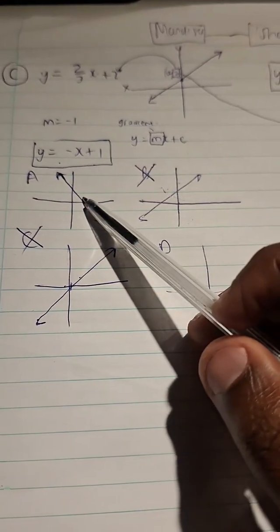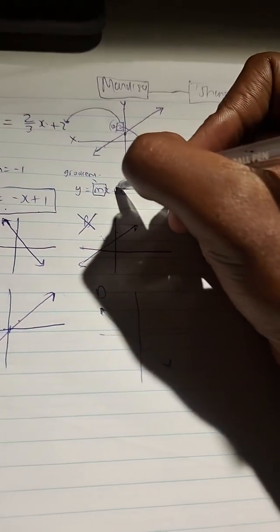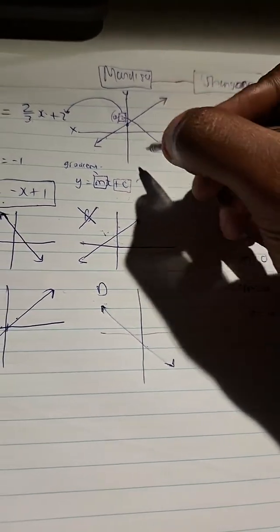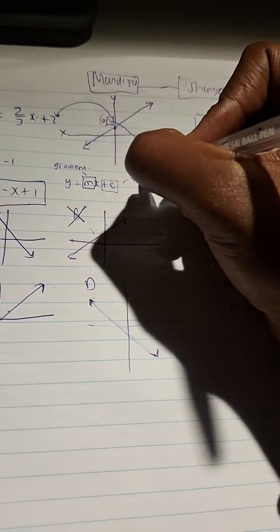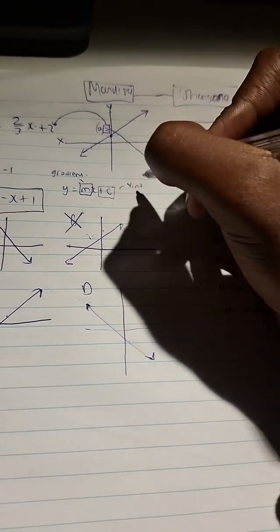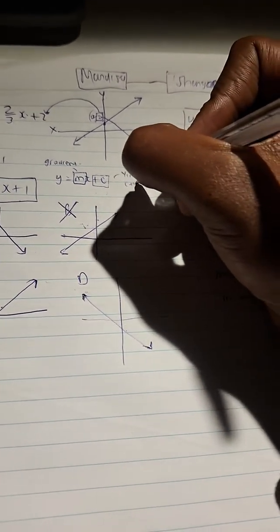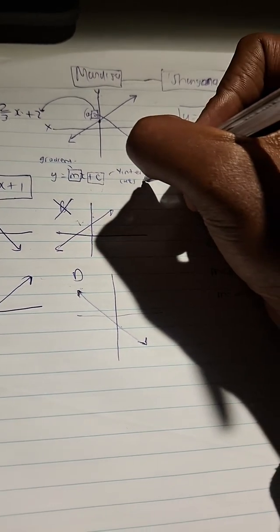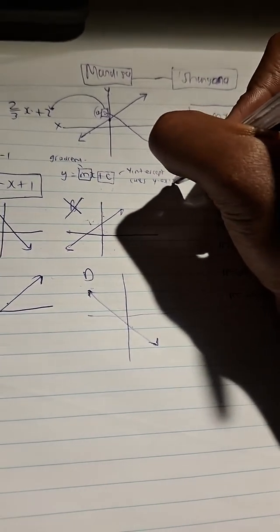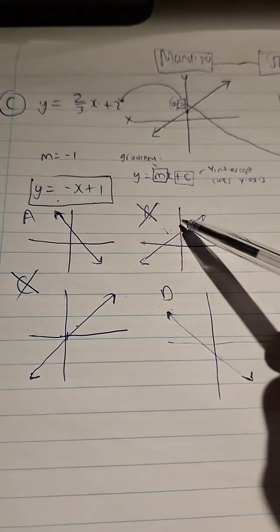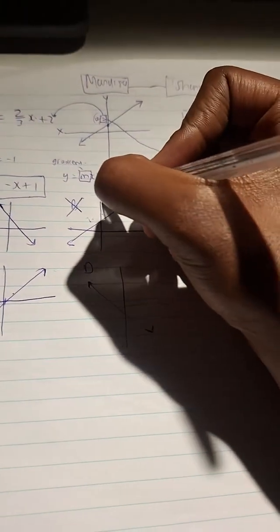But then now I need to check. You see here we have the value of C. What does C stand for? I repeat, C is the y-intercept. In other words, where the graph cuts or crosses the y-axis, where our straight line cuts the y-axis.